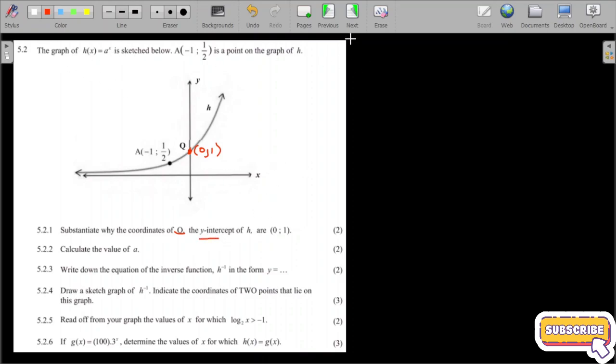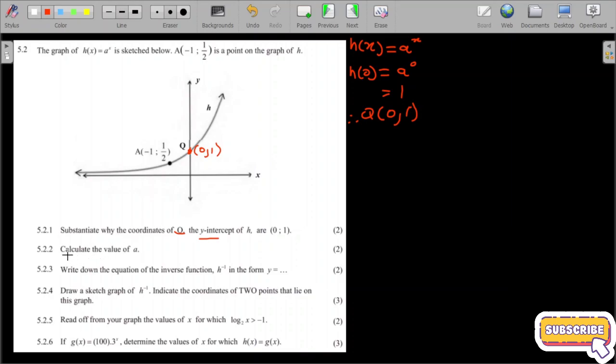According to this, h(x) is equal to a^x. For the y-intercept, we know x is 0. So h(0) is equal to a^0, and this is just 1. Anything raised to 0 is 1. So therefore Q is 0 maps to 1. That's how we substantiate it.